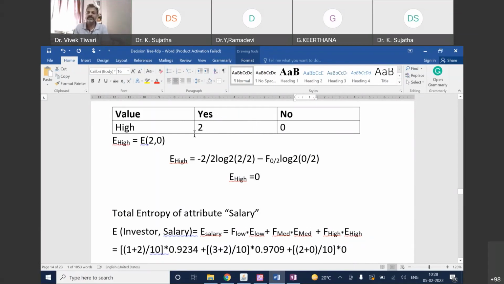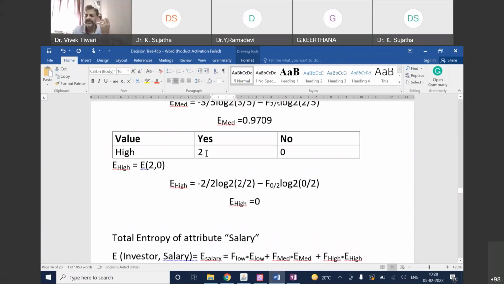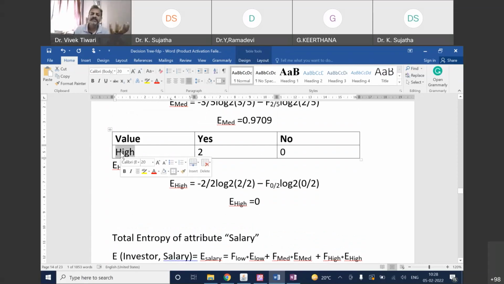You don't need to further split that node. I don't worry about what the marital status or the gender is. I don't need to see it, because all those persons in the data set say that if the salary is high, they will invest.